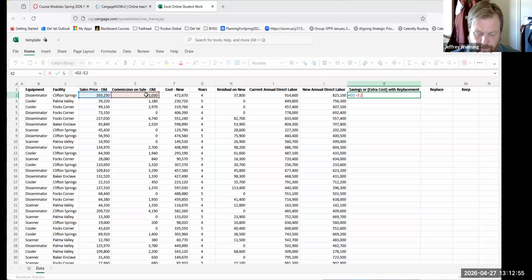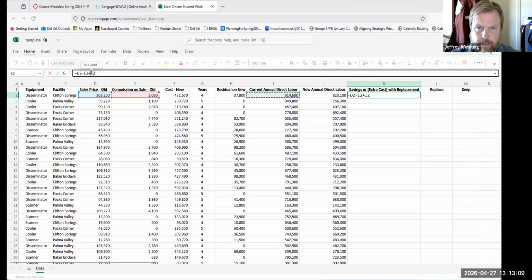What else do we have? Then we have our savings from what we are going to save in labor each year, which is going to be our new labor minus, what? Is that right? I think it should actually be the other way around, because it'll be savings, so it'll be a negative. Okay, so that'll give us a negative number.